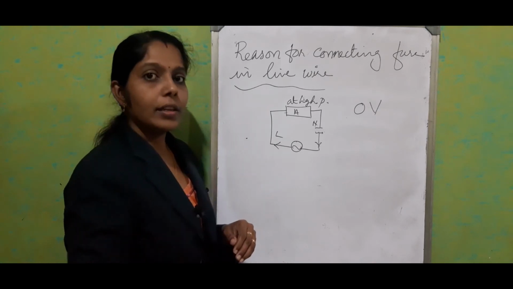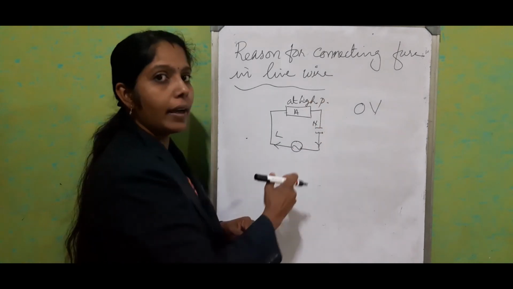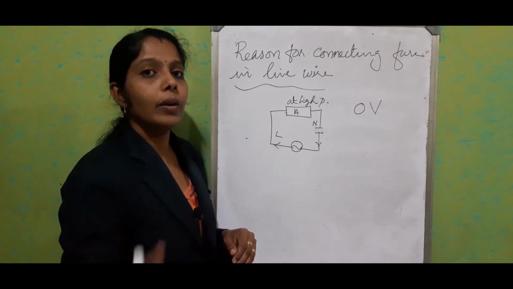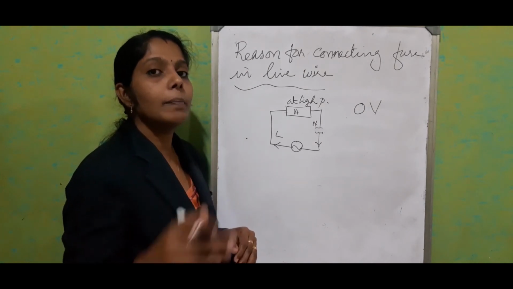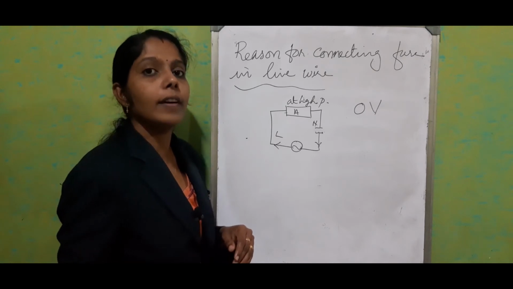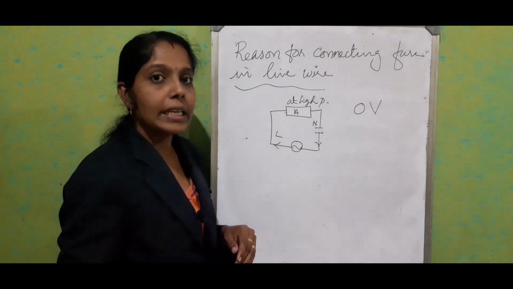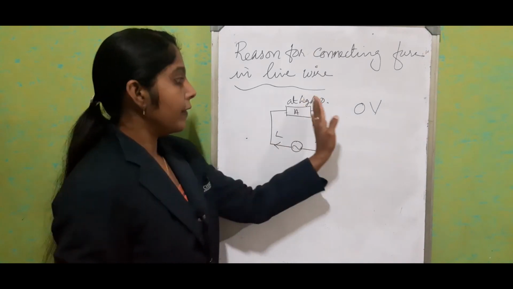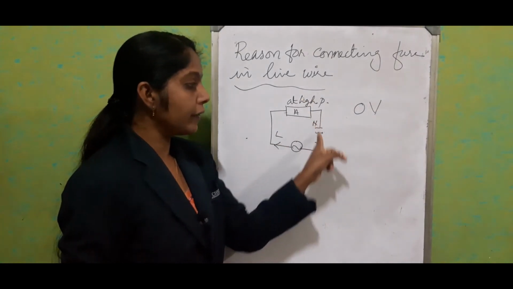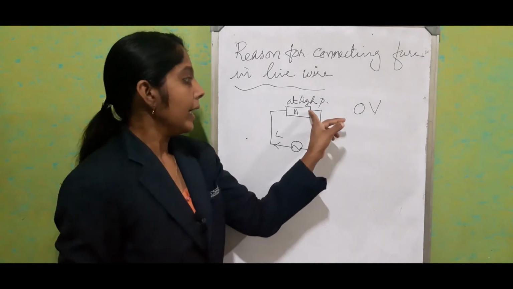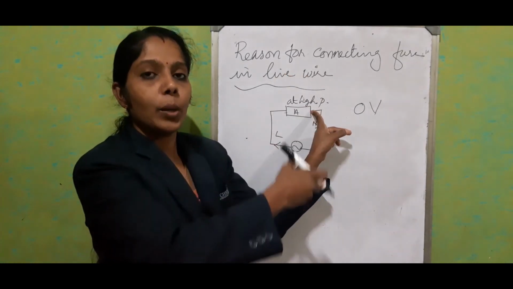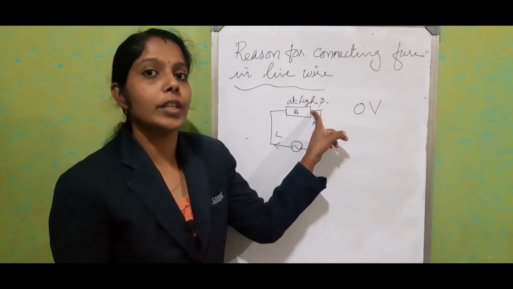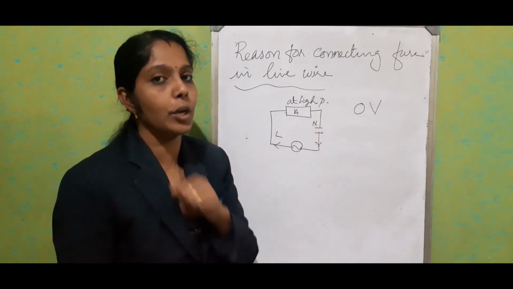Instead of the neutral wire, the current will make our body complete its circuit, because we are on the earth's surface, so the current can easily discharge to the floor. If I touch here, since this line is already broken, the current will take my body as the path to reach zero potential.